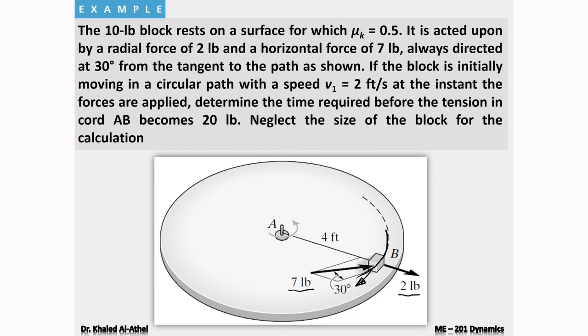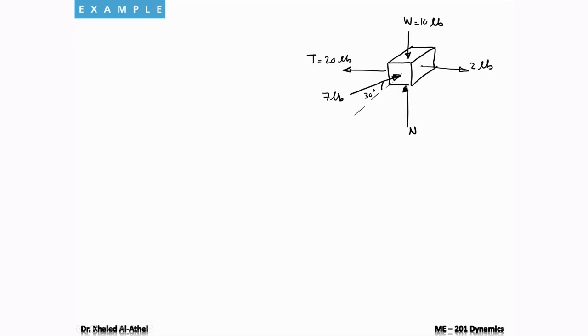So I'm going to have mu times n. So in this case it's going to be 0.5 times the normal force. So it's going to be in this direction. Okay, friction force that equals mu k times n.